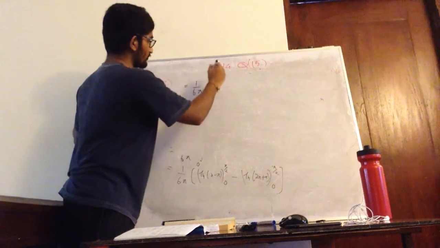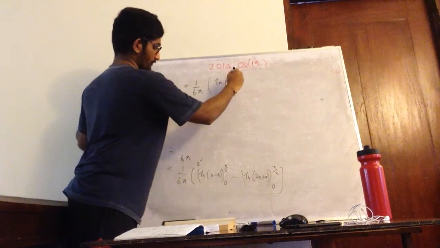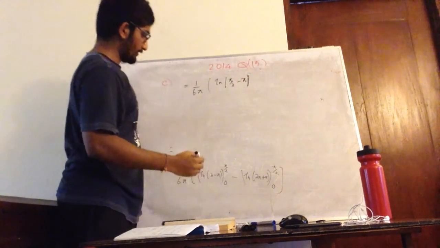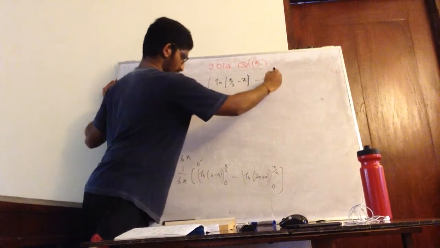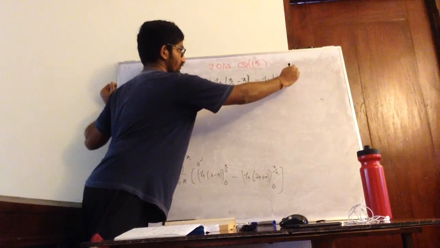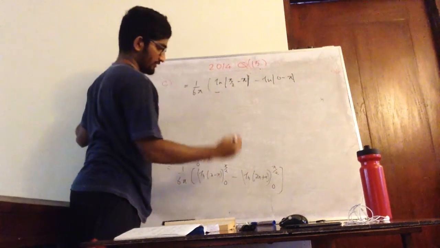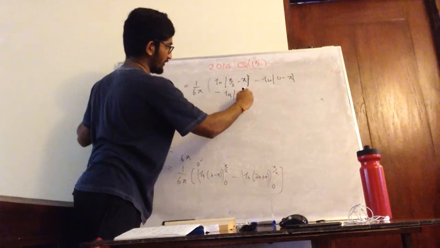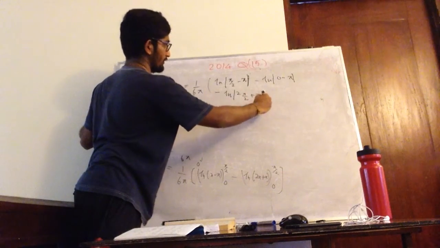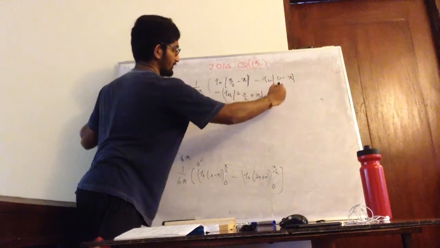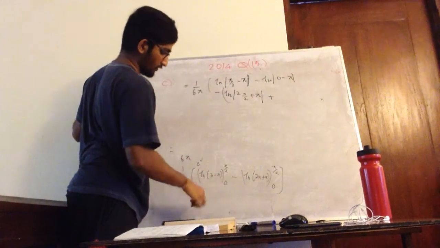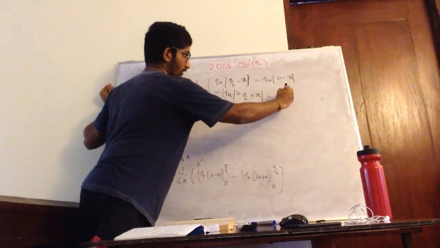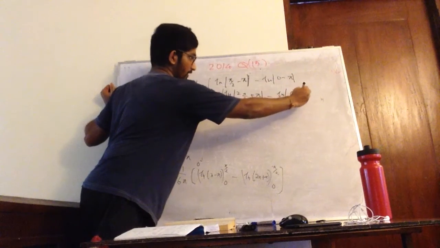When x equals 5 over 2, that means ln of 5 over 2 minus 5, minus ln of 0 minus 5, minus this part: ln of 2 times 5 over 2 plus 5, minus ln of 0 plus 5.